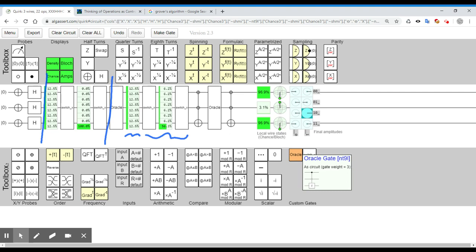But really, when you do something like that, the controls are also operations, in the sense that whatever operation you're doing here just applies to one particular portion of your superposition. So it actually implies a superposition.